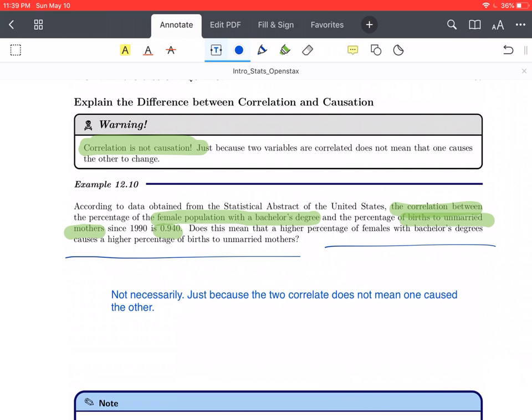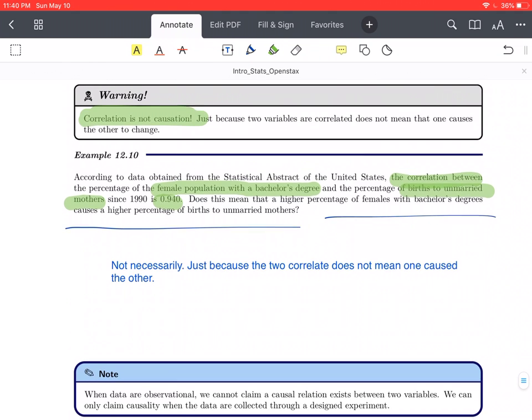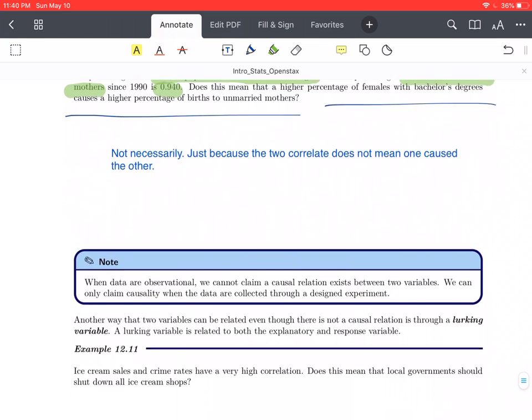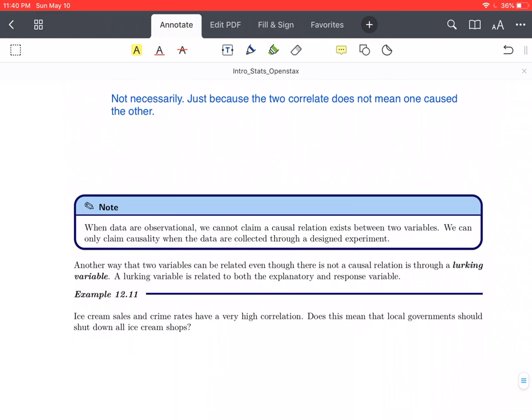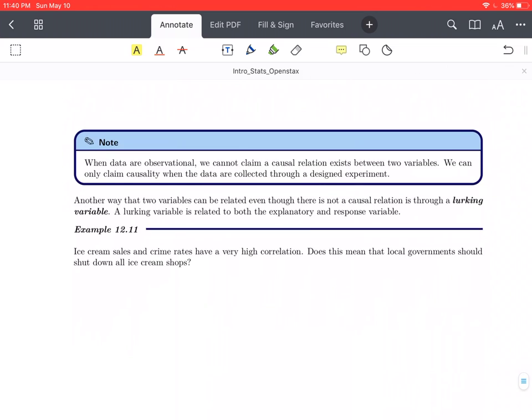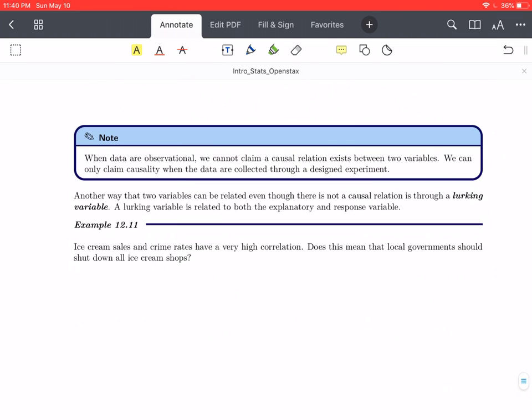But we even know in regular studies there could be confounding, right? If you think back to chapter 1, there could be other factors that maybe cause both of them, or maybe are related in some other way. So we cannot make conclusions like that based on data. So, correlation, not causation. Again, when data is observational, we cannot claim a causal relationship exists. We can only claim causality when the data are collected through a designed experiment.